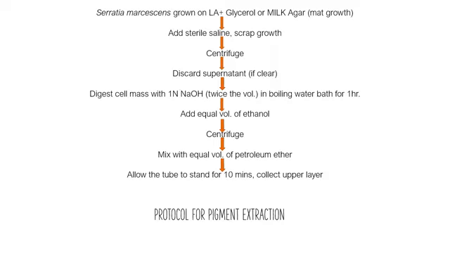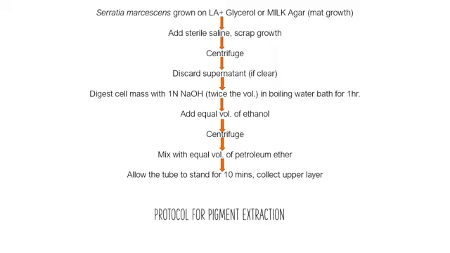Now to the ethanol you add equal volumes of petroleum ether. Petroleum ether will help to precipitate the pigment. Mix the tube and allow it to stand for 10 minutes, and collect the upper layer. Now the upper layer will have the pigment.